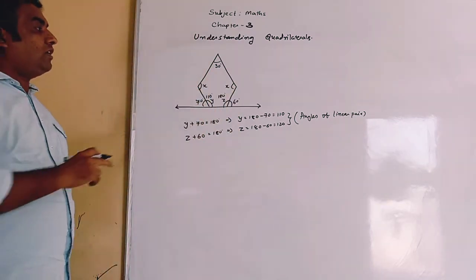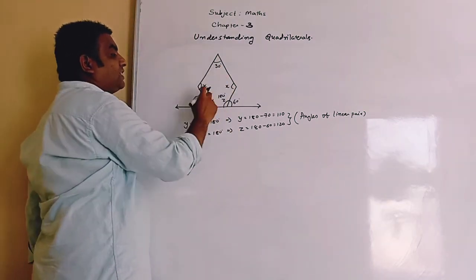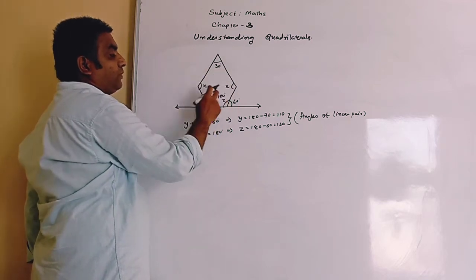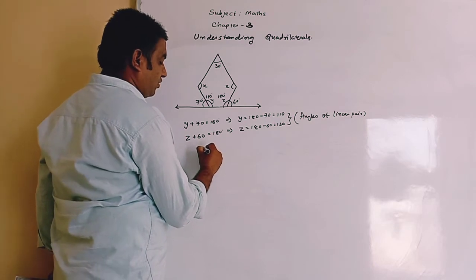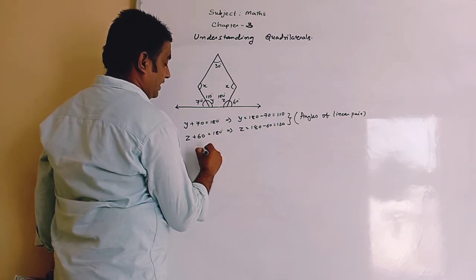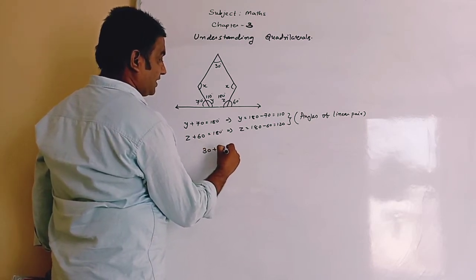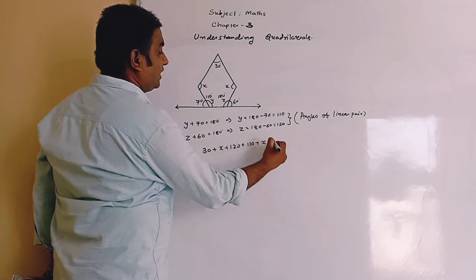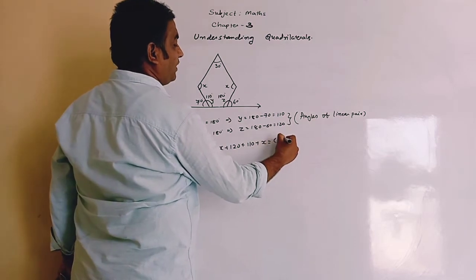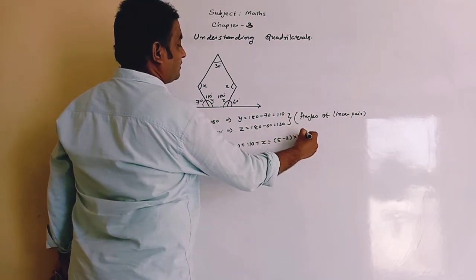Now we have all the 5 angles. There are 5 sides, so by the angle sum property of this pentagon we can write 30 plus x plus 120 plus 110 plus x equals (5 minus 2) into 180.